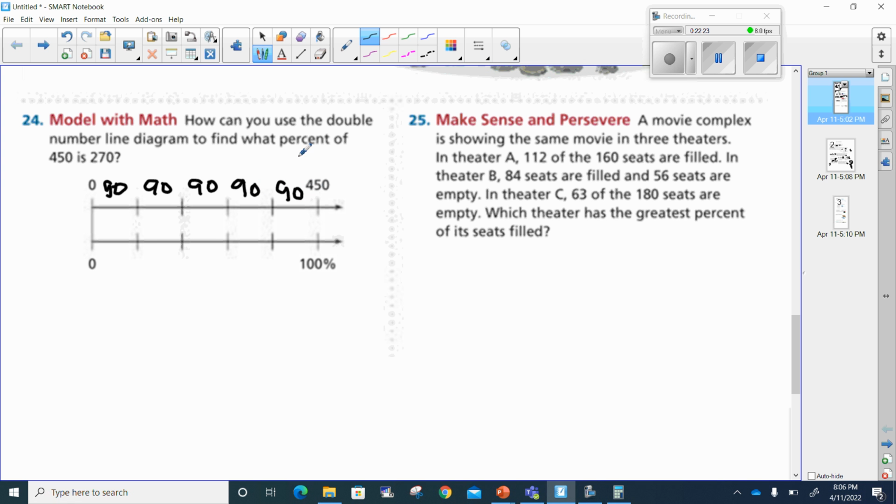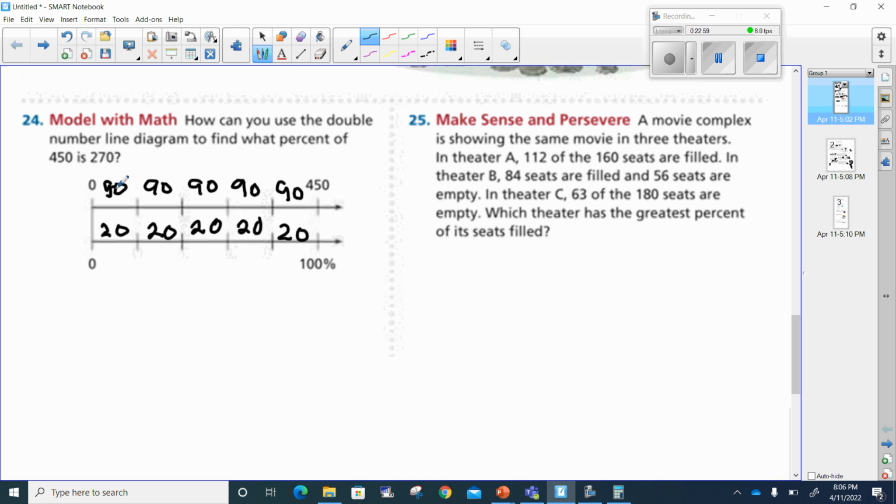All right. And if you take 100 and divide it by 5, each one of these is going to be worth 20. Now it says, how can you use the double number line to find what percent of 450 is 270?